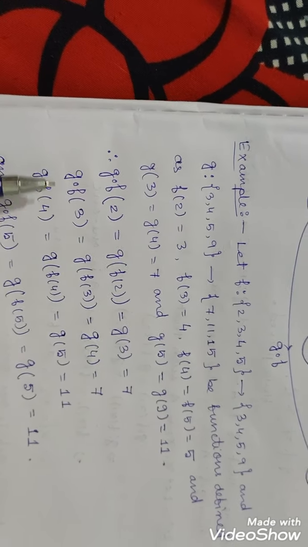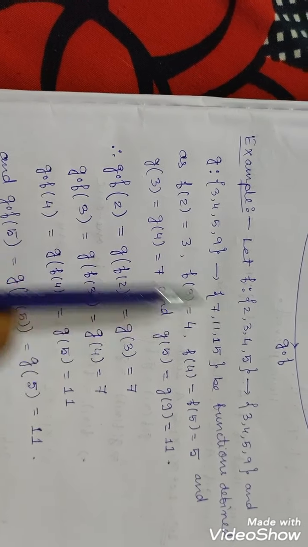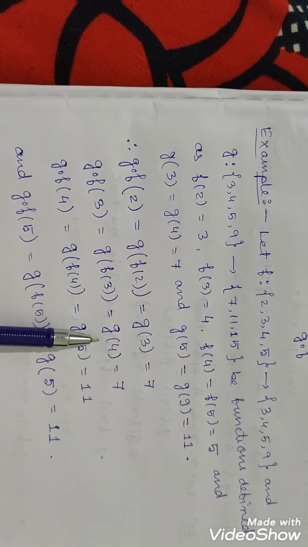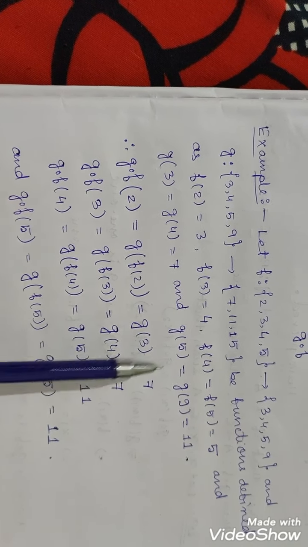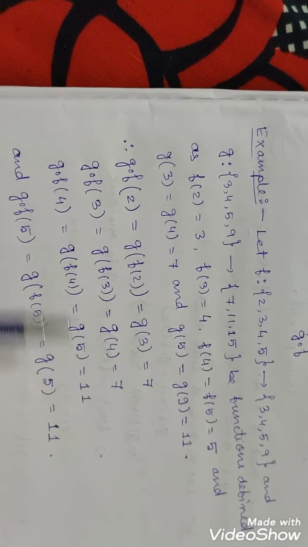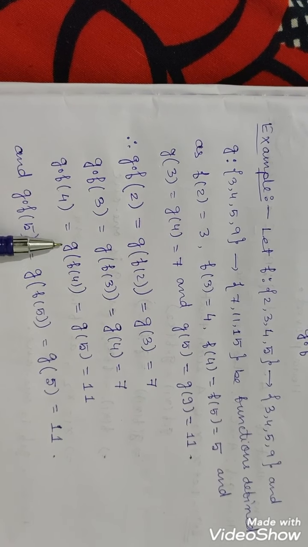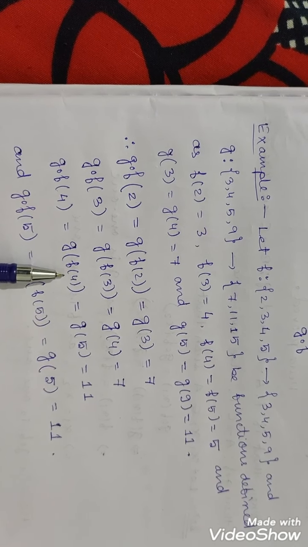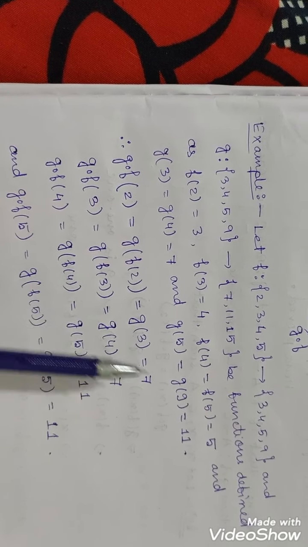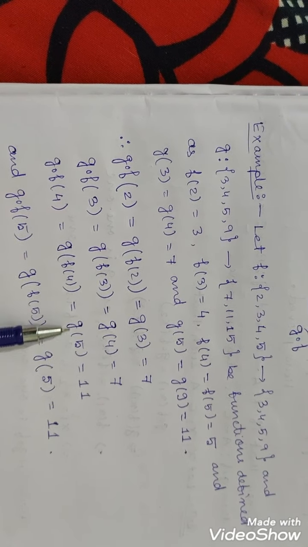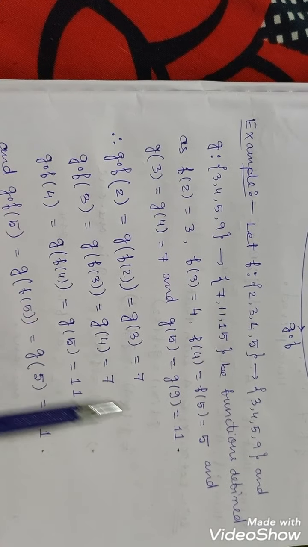Similarly for the next one, (g dot f)(4), we can write this as g of f of 4. So f of 4 is what? 5. So here you get g of 5, and g of 5 is given as 11.